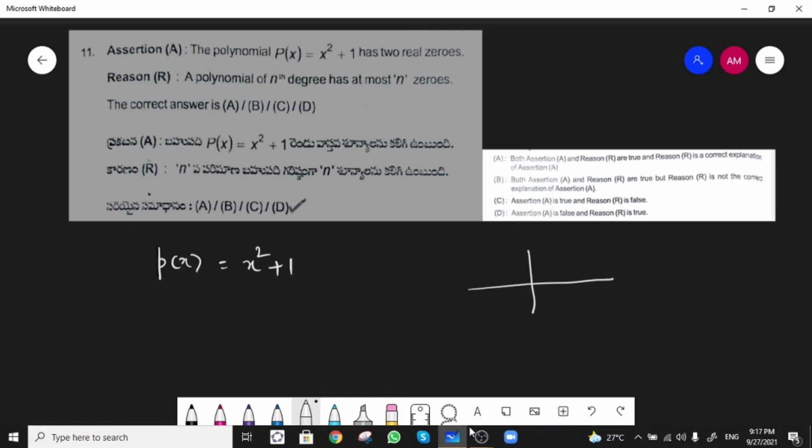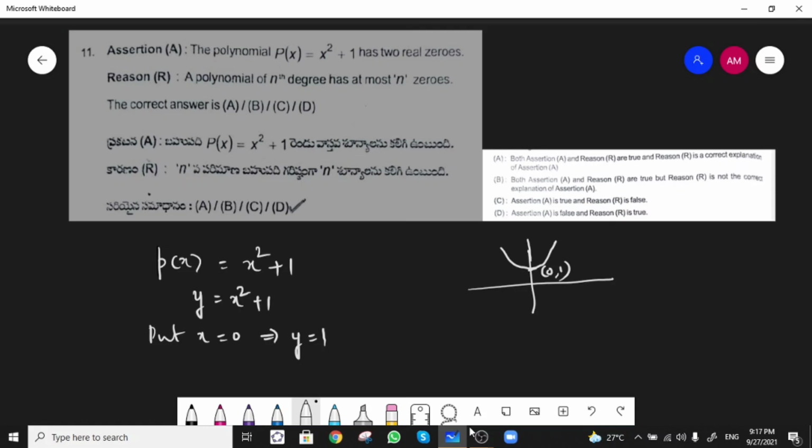And it meets the y-axis, y is equal to x square plus 1. Put x is equal to 0, we get y is equal to 1. That means the parabola touches the y-axis at (0, 1).